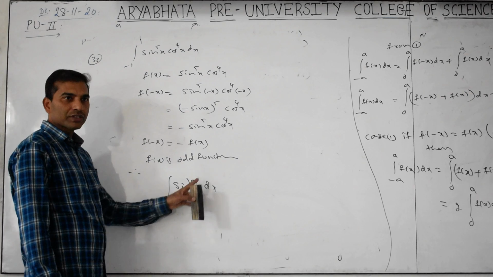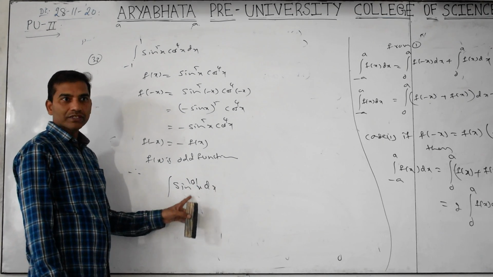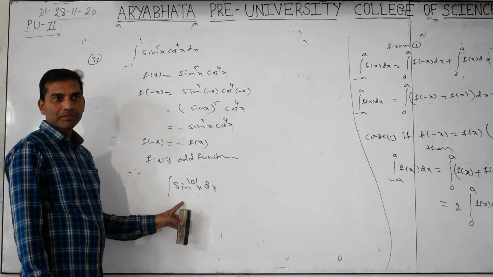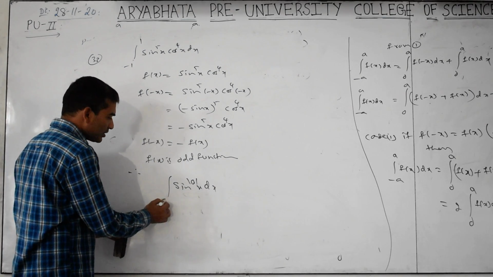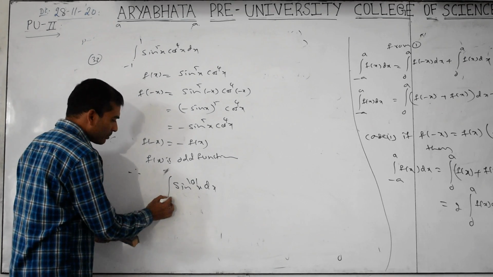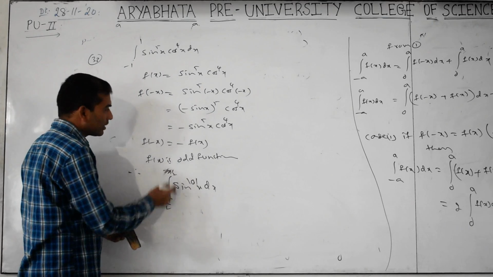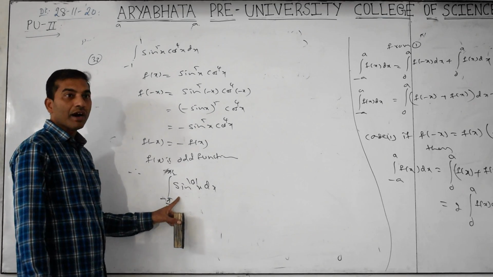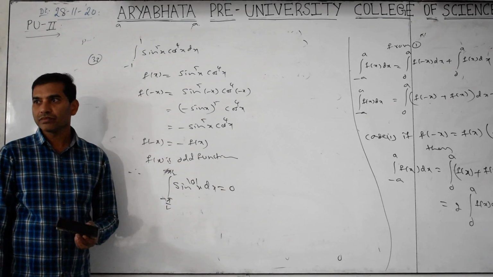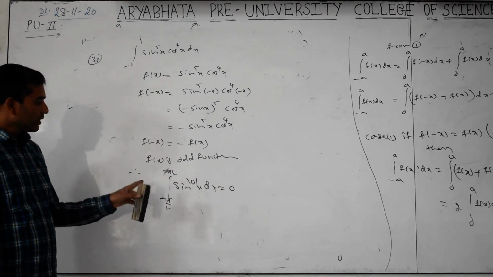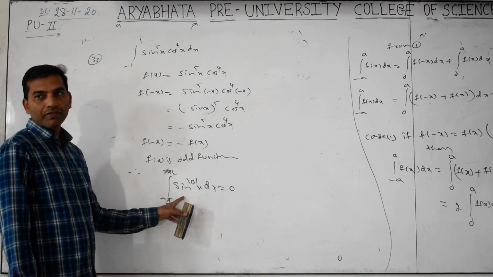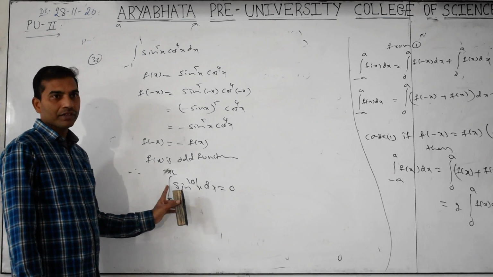Sin square x into sin power 99x, 1 minus cos square x, like that, it takes minimum half an hour. But by the property, if the limits are 0 to pi by 2 or minus pi by 2 to plus pi by 2, by using this property it becomes an odd function and the value becomes 0. Very big and complicated functions we can find very easily by using properties.